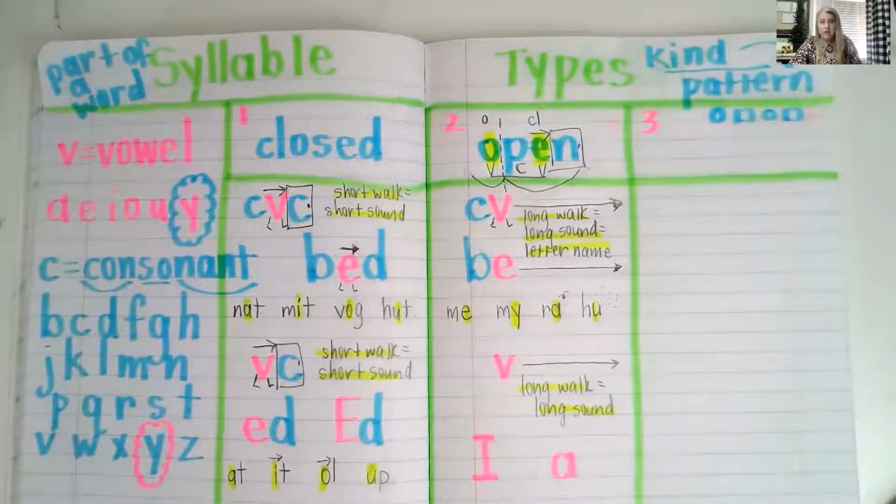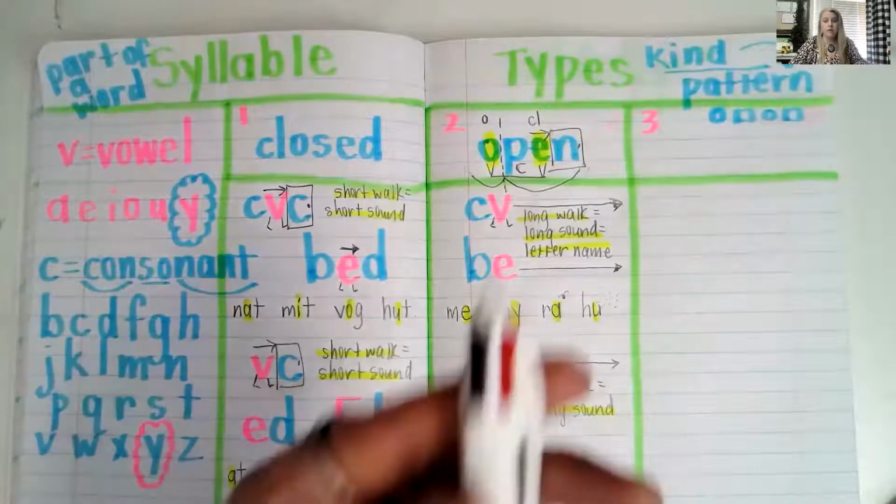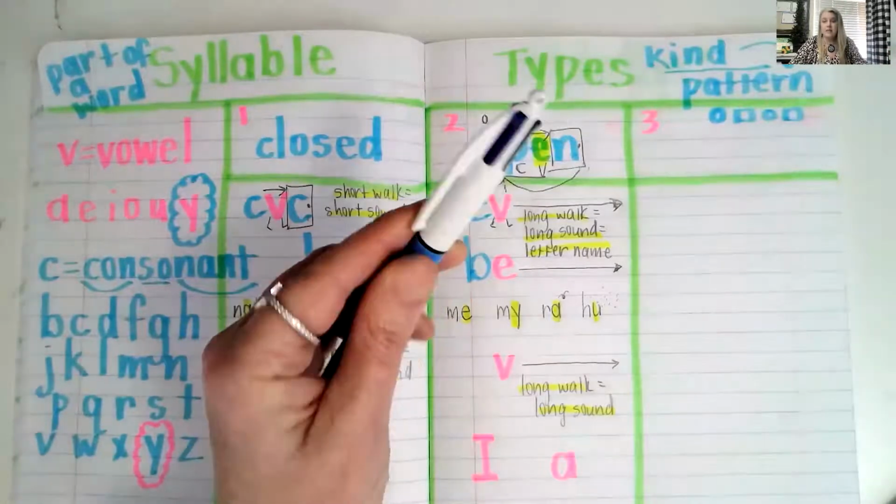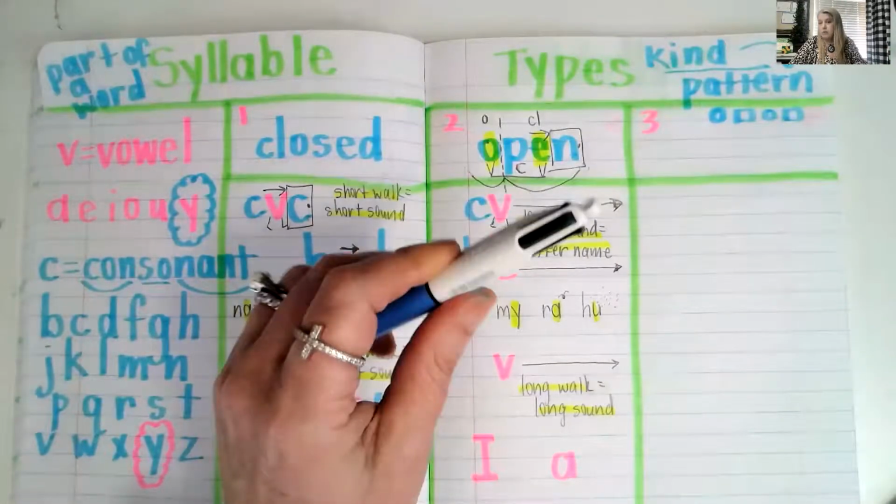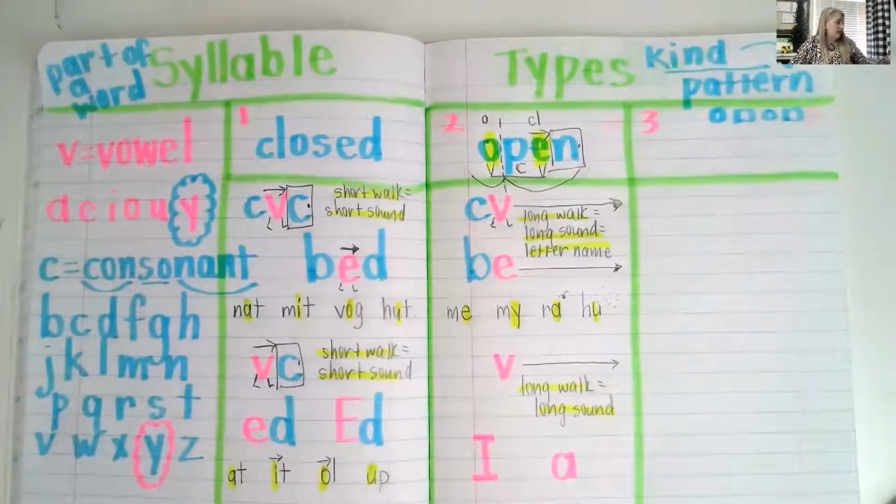The third syllable type that we're learning today is called Magic E. Since we are working with elementary students today and talking about it at an elementary version, you can easily adapt it to a high school or middle school version. To make it a little more high schoolish, I would simply use a Bic four-color pen, and then you can make it look a little bit more mature for them, along with a pencil if you wanted to.